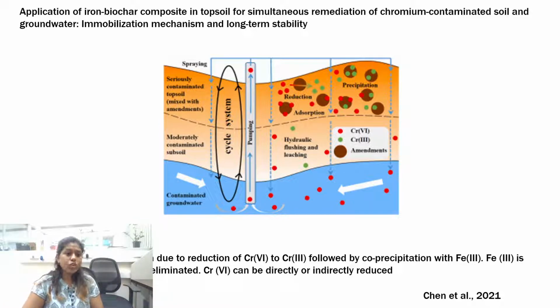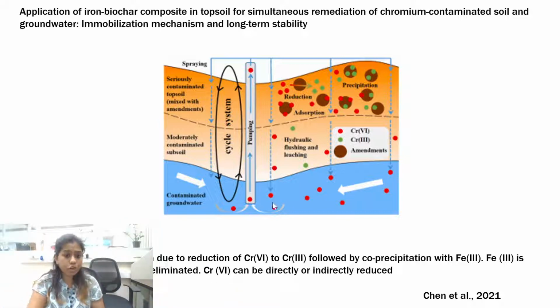So the application of iron biochar composite in topsoil for simultaneous remediation of chromium contaminated soil and groundwater. So this was done in a particular place where chromium has been contaminating the groundwater, and this was done to immobilize chromium and make sure it is stable for a long time.